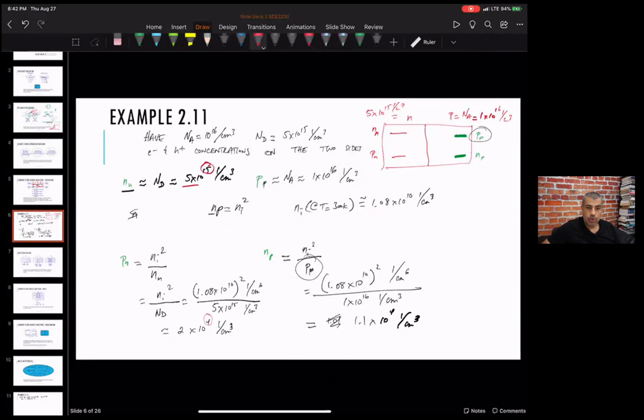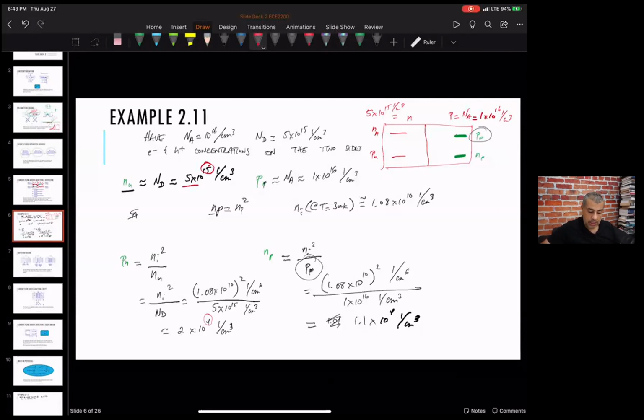So that's 11 orders of magnitude lower than the electron concentration. So you can get a feel for the difference between the majority carrier and minority carrier concentrations. It's a huge difference.